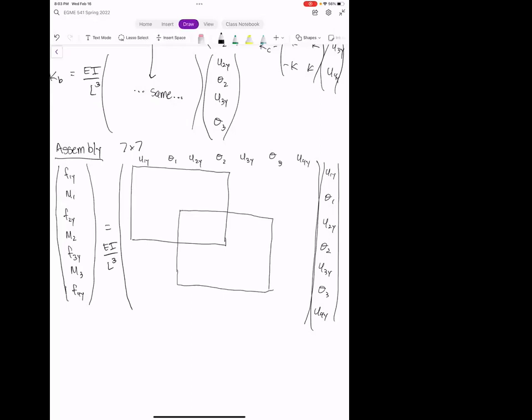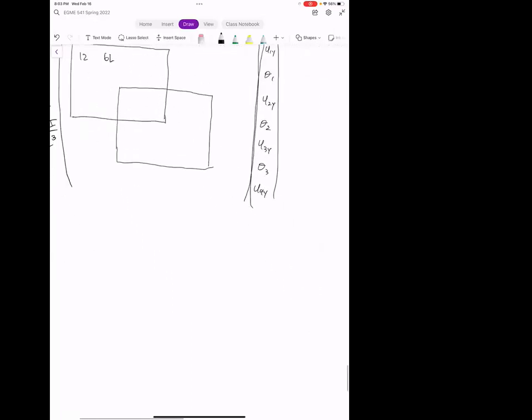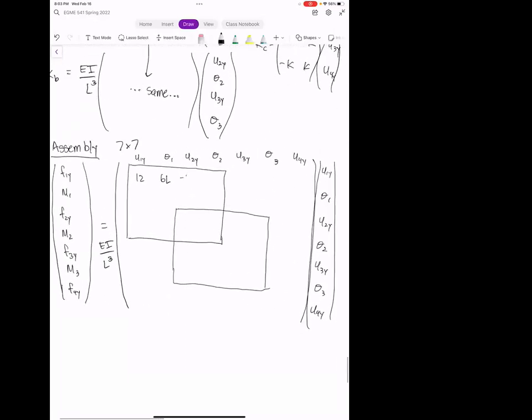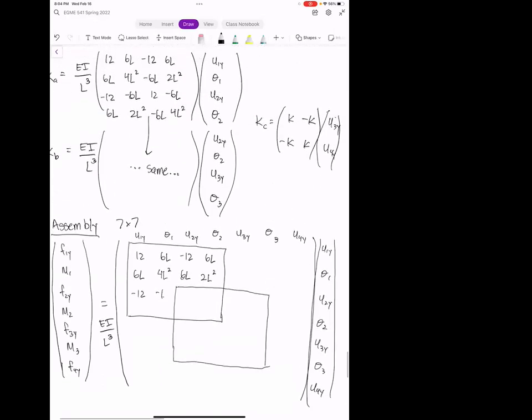And so this is going to be 12, 6L, minus 12, 6L. 6L, 4L squared, minus 6L, 2L squared. Minus 12, minus 6L, 6L, 2L squared. This is a 24.